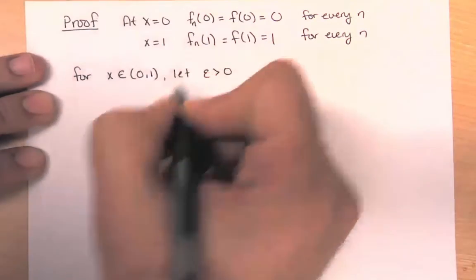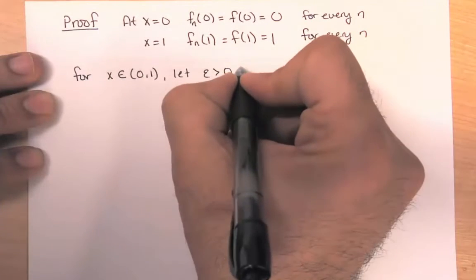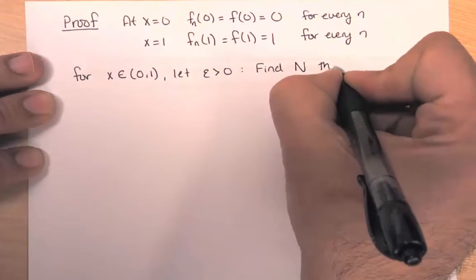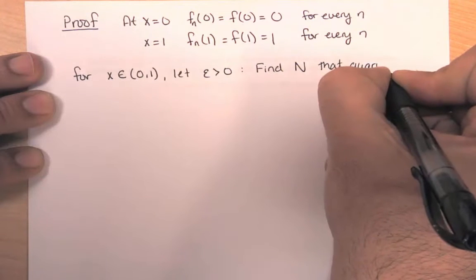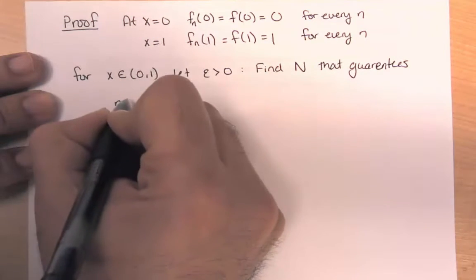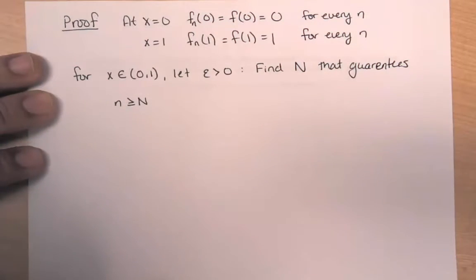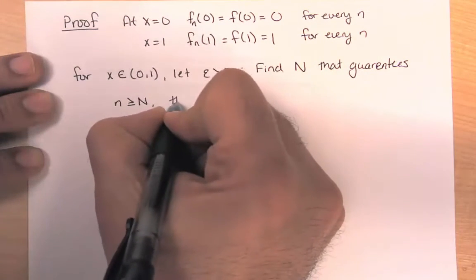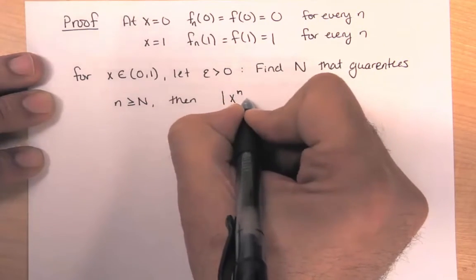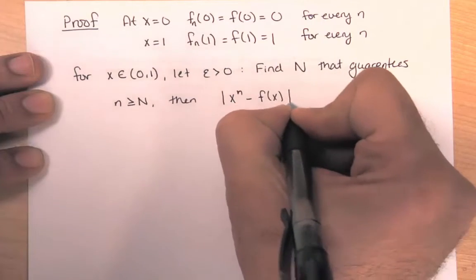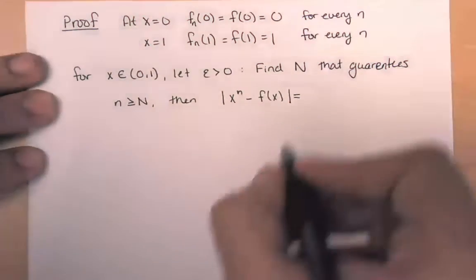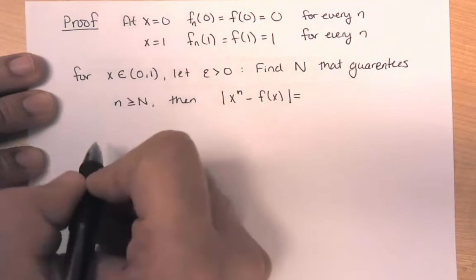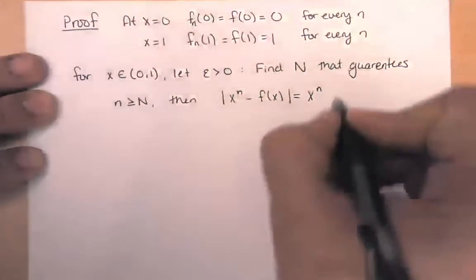let epsilon be positive. So our goal is to find a natural number N that guarantees when little n is bigger than big N, then |x to the n minus f of x|, which equals |x to the n minus 0|, because f of x for these particular x is 0, is less than epsilon.